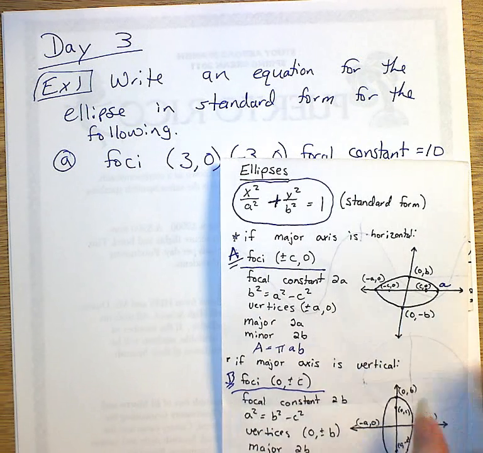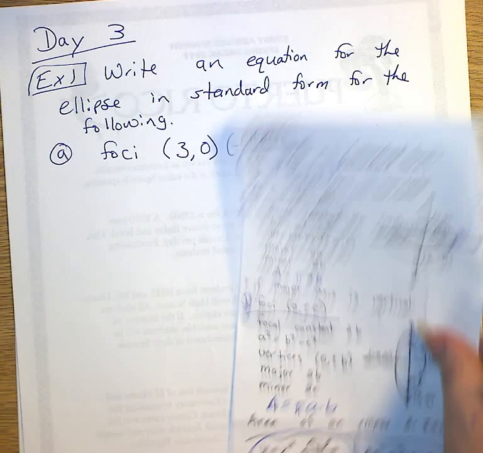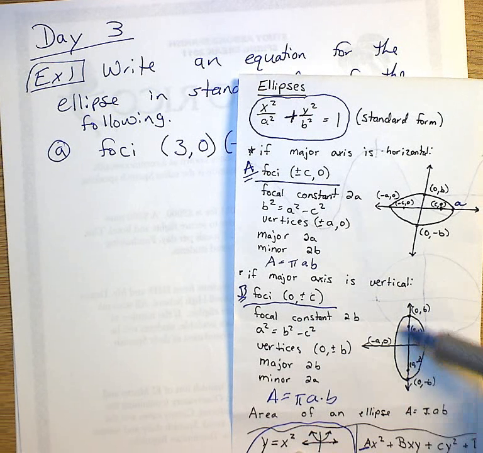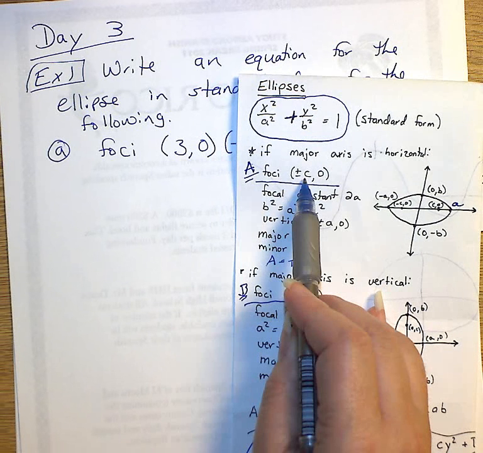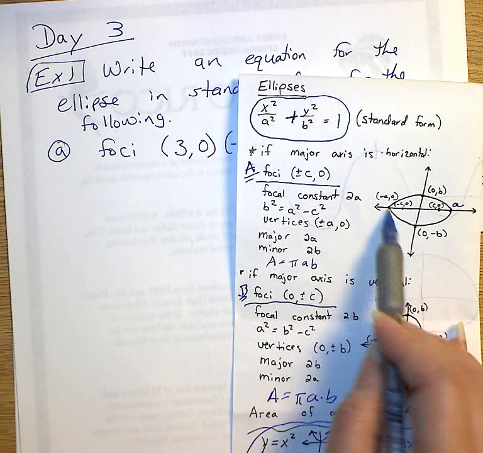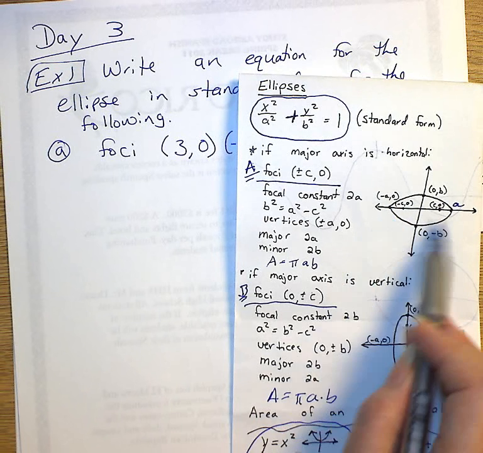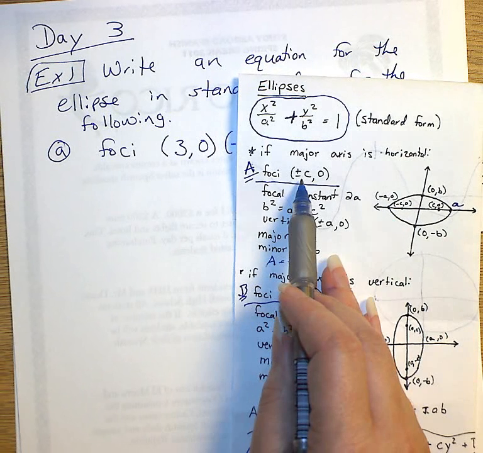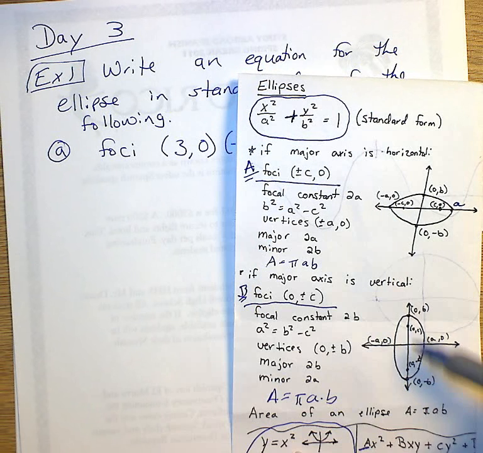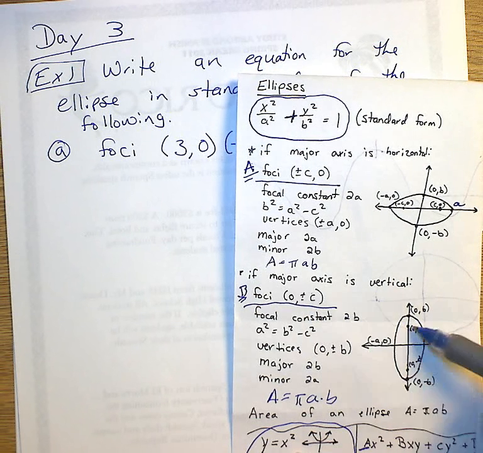Situation B, your foci are on your y-axis, and so y is the longer one. Also, notice that C is in the X spot, so that means your X is longer. Or if your X is longer, that means your C is in the X spot. Here we have our Y's longer and C is in the Y spot.